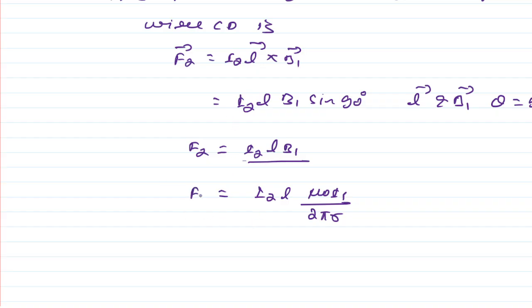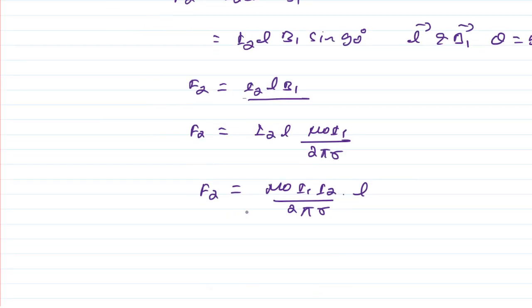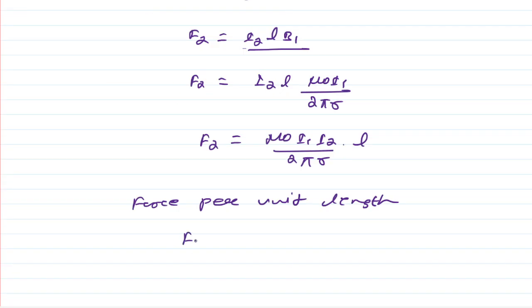Now if we write mu naught I1 I2 by 2 pi r into L, this is the force acting on the second wire CD, and the force per unit length we can write, that is F2 by L equals mu naught I1 I2 upon 2 pi r.